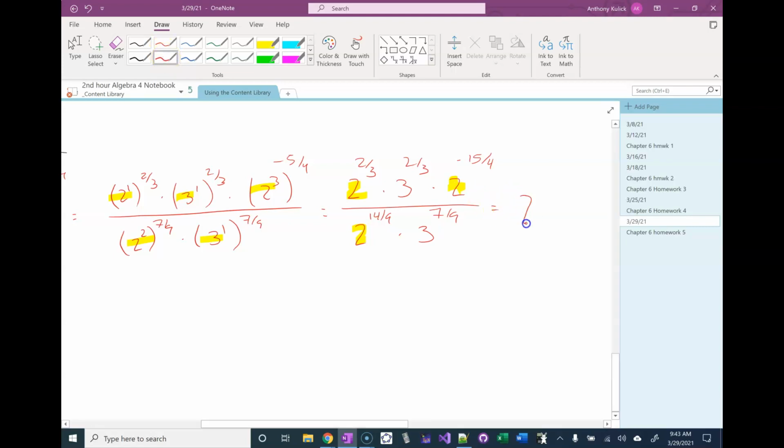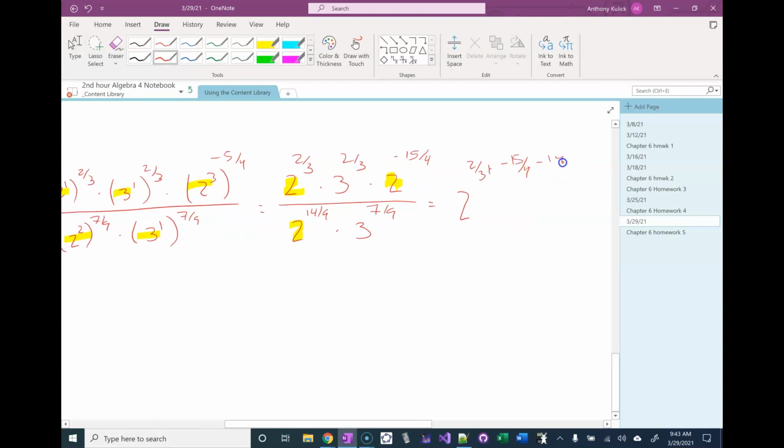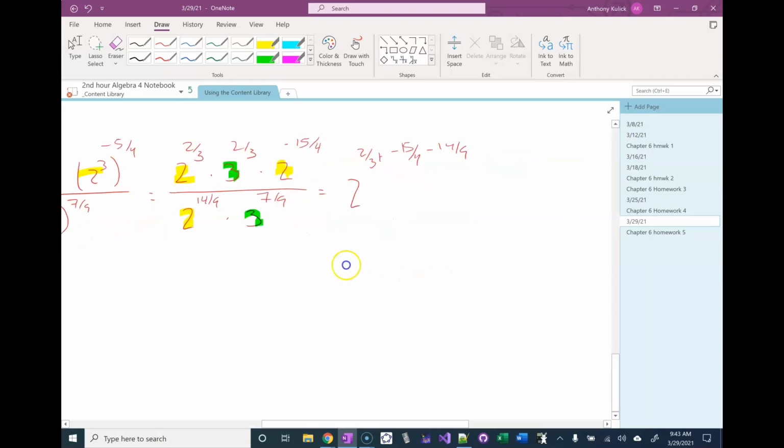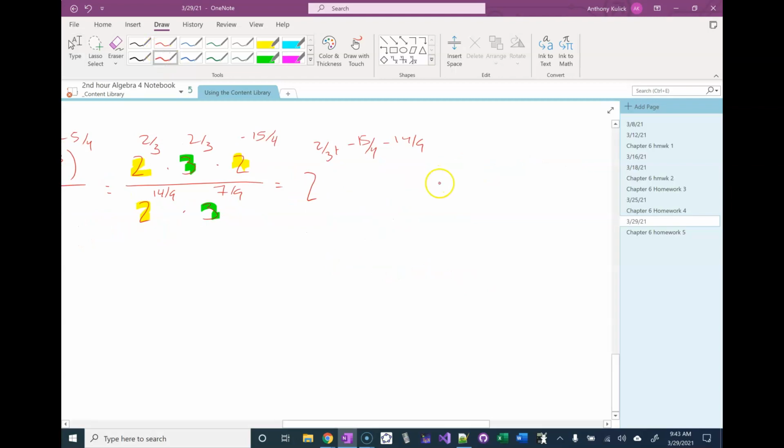So that's going to be 2 to the 2/3 plus negative 15/4 minus 14/9. And then similarly with the 3's, I have a 3 in the numerator and a 3 in the denominator, so I can combine those by subtracting their exponents. So 2/3 minus 7/9.